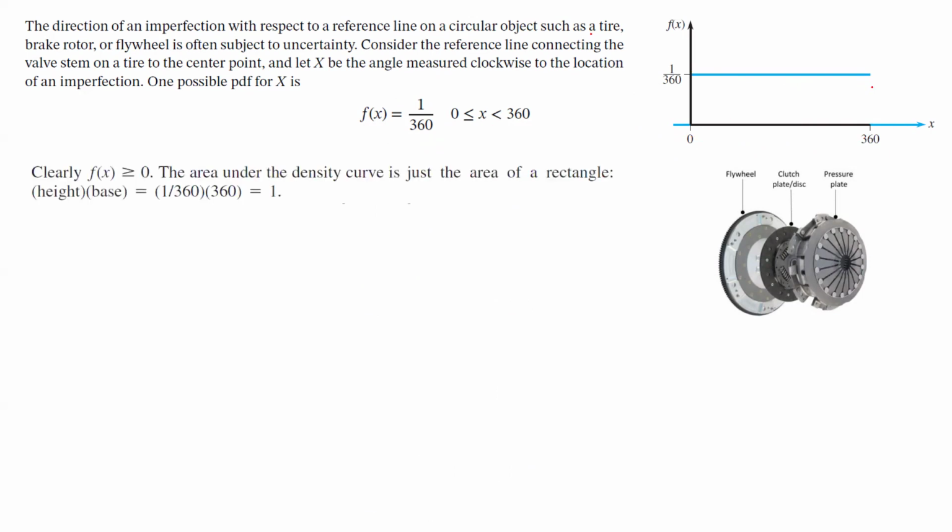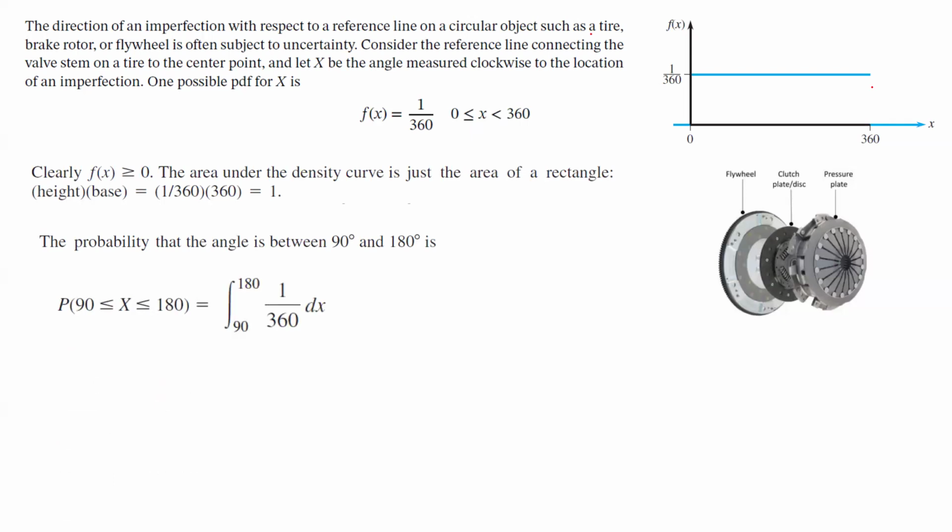Now, if I ask you to calculate the probability that the angle is bounded between 90 and 180 degrees, you're going to follow the formula and calculate the definite integral of the function, which is 1 over 360.